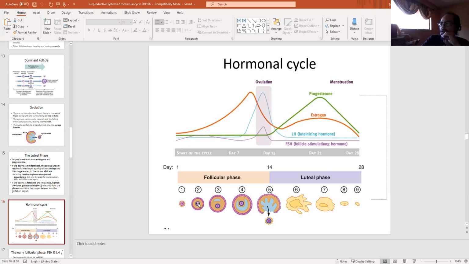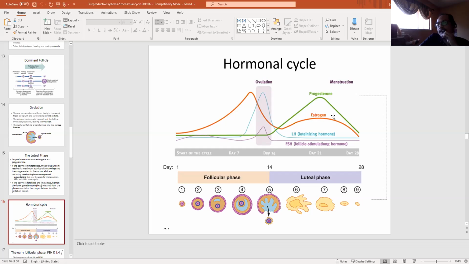So let's look at this change of hormone. There are 4 major hormones that we need to be concerned with. One is the FSH, the other is LH. And these two are secreted from where? Anterior pituitary gland. All right. And then we have what? The estrogen and the progesterone.